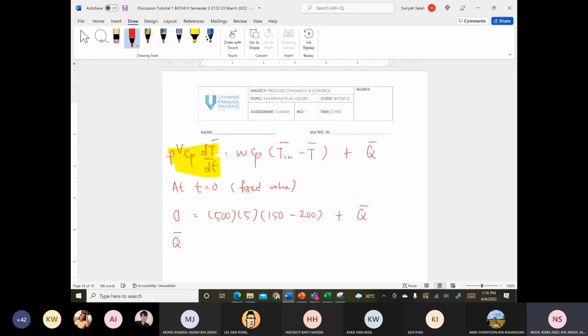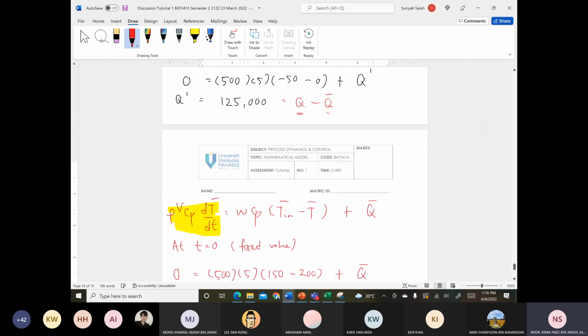So the value of the Q bar is 125,000. This is your value of the Q bar.